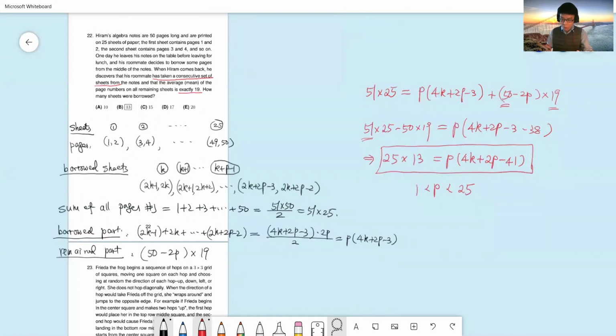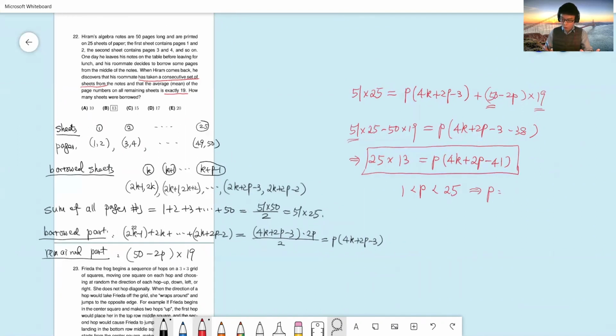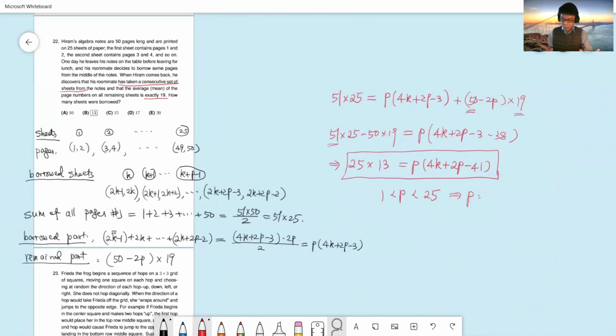From here we see that the candidate number for p is larger than 1. So, for example, it's 5 or 13, and it cannot be 25. So the only possible numbers are 5 and 13. But 5 does not work.